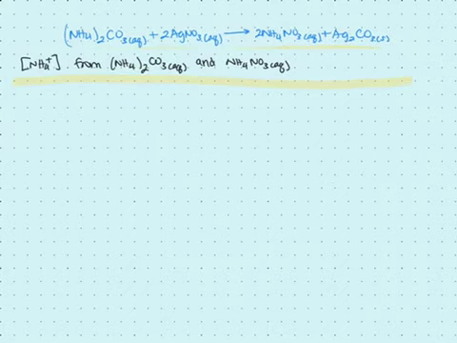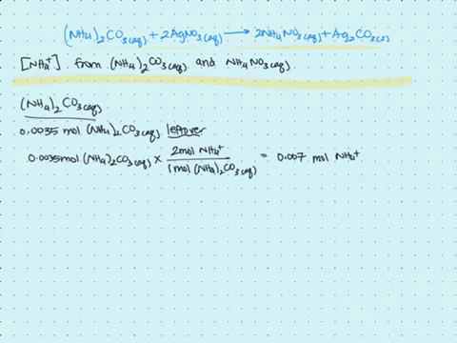To find the concentration of the ammonium ions is a little trickier because we need to take into account both ammonium carbonate from the excess reactant and the product ammonium nitrate. So let's start with ammonium carbonate. We already know that there are 0.0035 moles of ammonium carbonate left over, and to find the moles of ammonium from ammonium carbonate, we just need to do a simple molar ratio conversion.